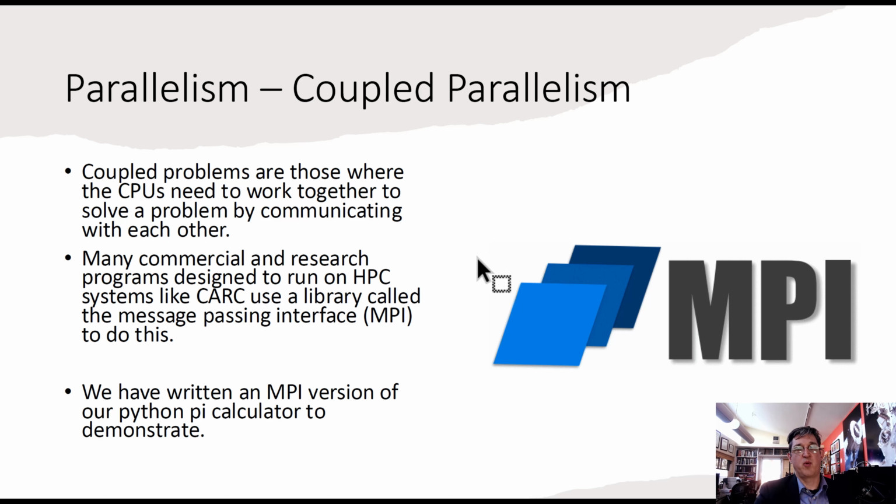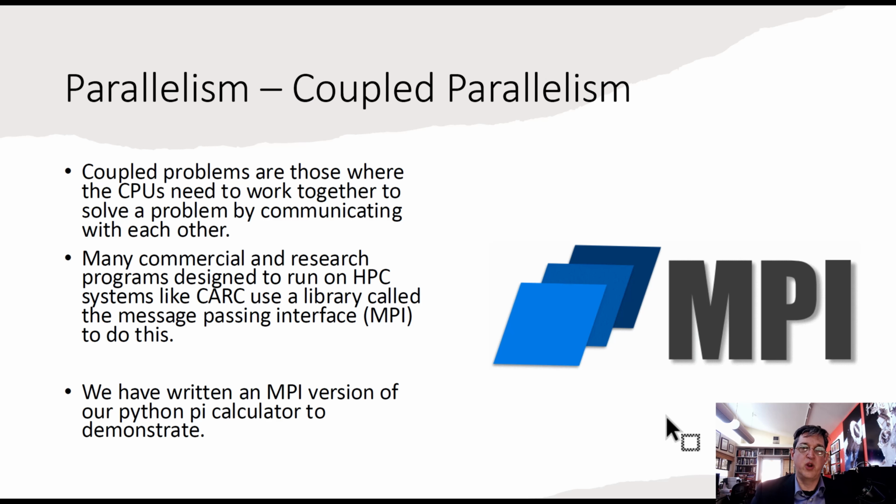So MPI has been around for decades. It's by far the most widely used coupled problem library for communication, and it'll be built into whatever software you're running if it uses multiple, even multiple CPUs sometimes, but certainly multiple compute nodes.